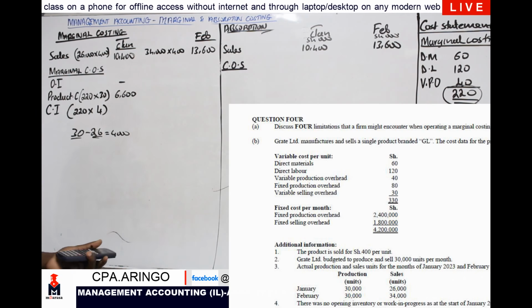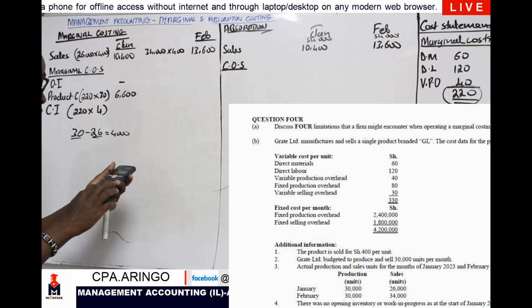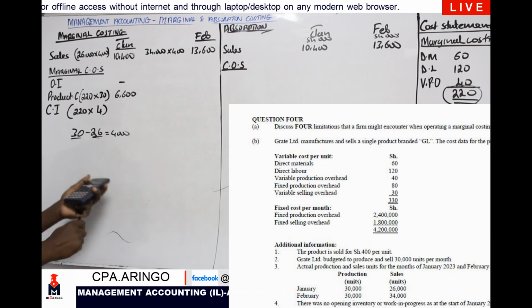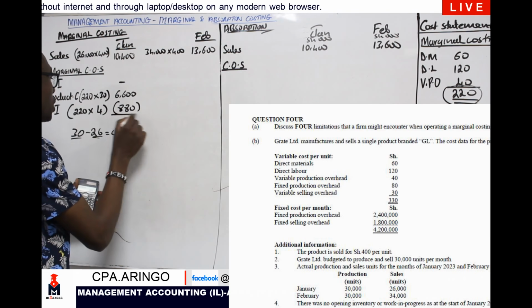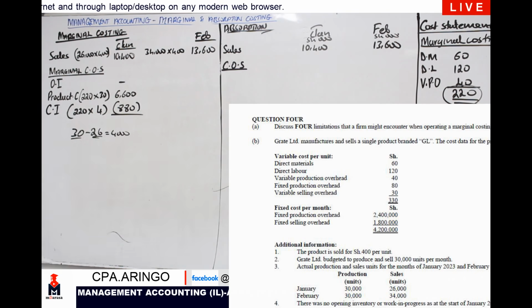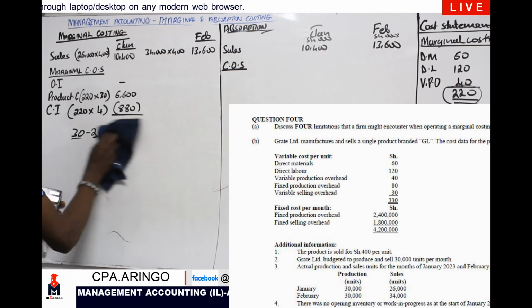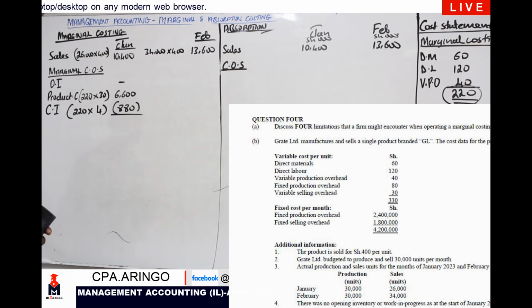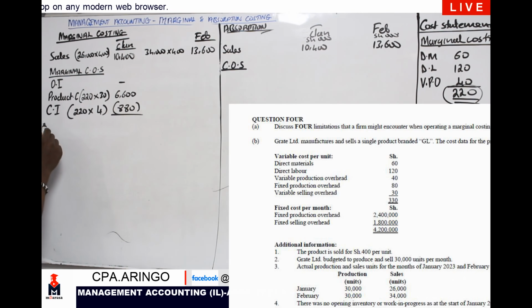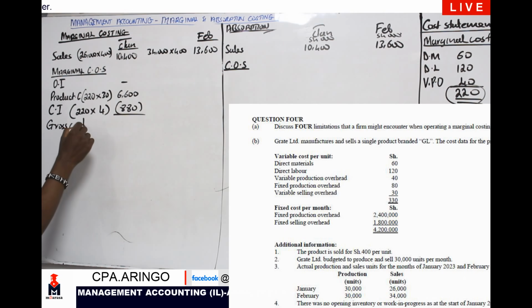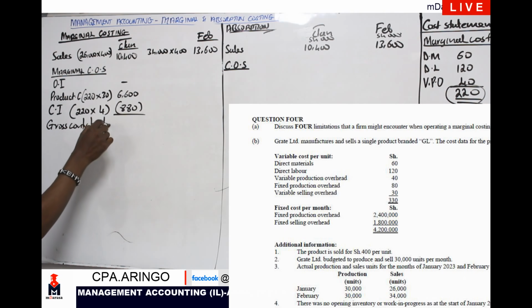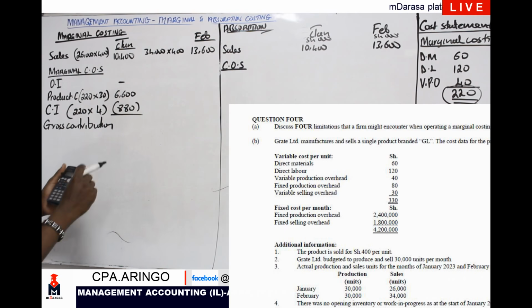So that as at the end of the day, what will we be having? I'll be having 220, very good, by 4 to give us how much? 880. And because it is our closing inventory, therefore we need to deduct. Actually, that is not our gross contribution.